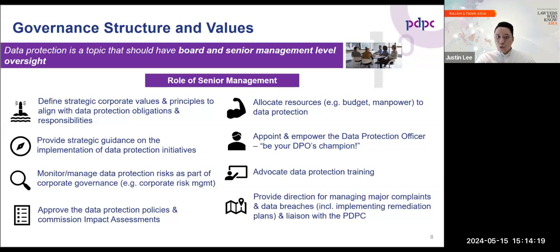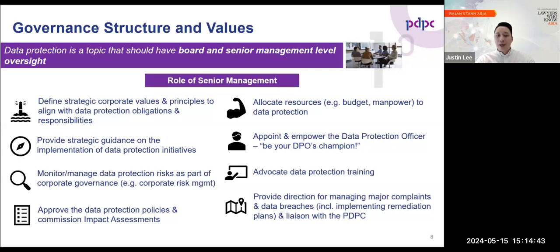Next, to continue to exercise its supervisory and monitoring role as part of corporate risk management, and to exercise the necessary approval of data protection policies and impact assessments where they're needed. Also, very importantly, budget and manpower that needs to be deployed across the organization to achieve accountability.